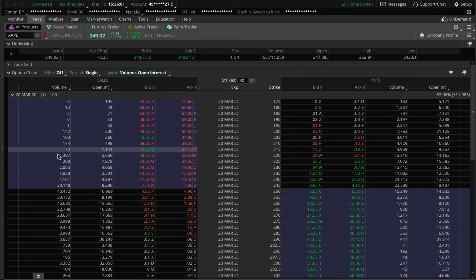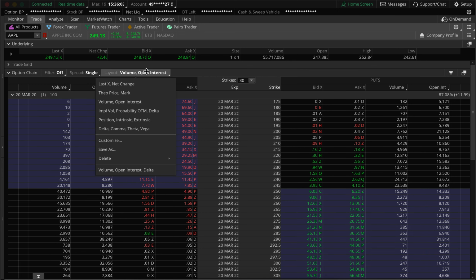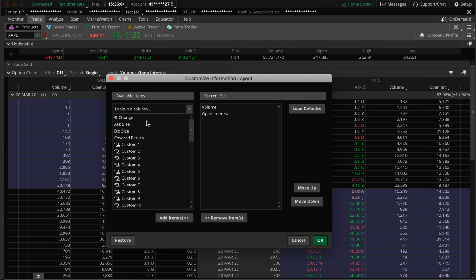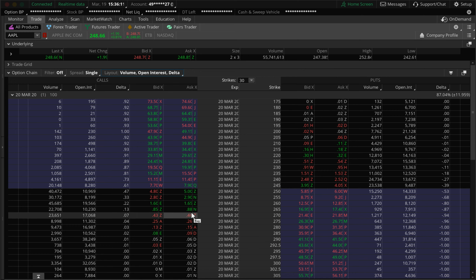On top of volume and open interest, I also go to customize and add delta to my charts, because I want to know what my delta of the contracts is. For those that don't know, delta is the sensitivity of the option contracts to every dollar increase or decrease in the stock price.